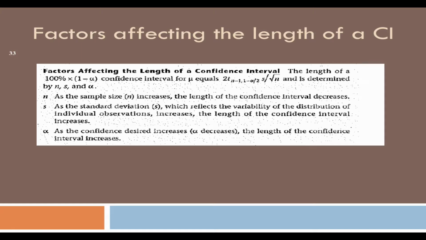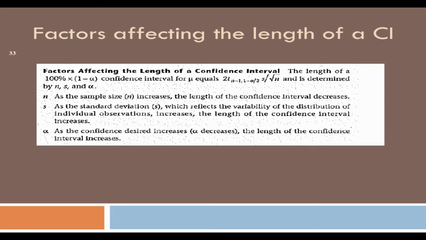From this formula, you can also see the length of a confidence interval. It is around x bar, plus and minus this distance, so the overall length is 2 times t quantile times s over square root of n.